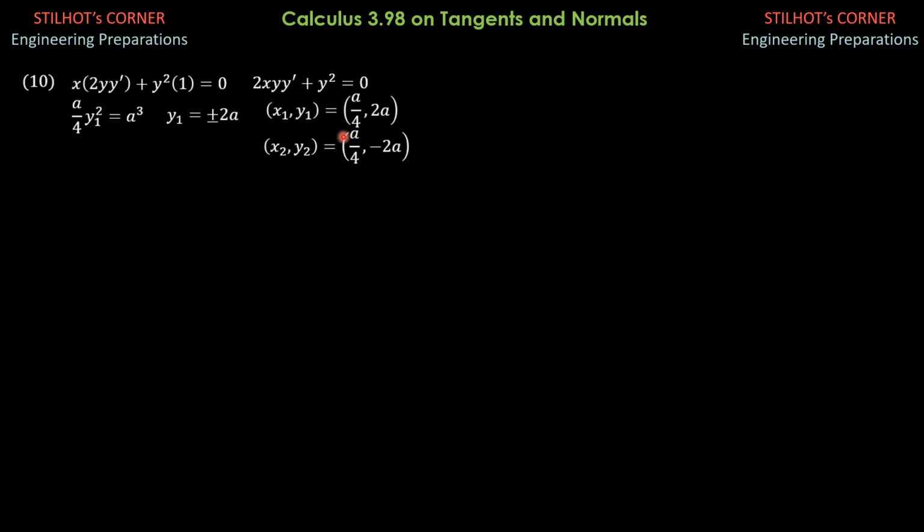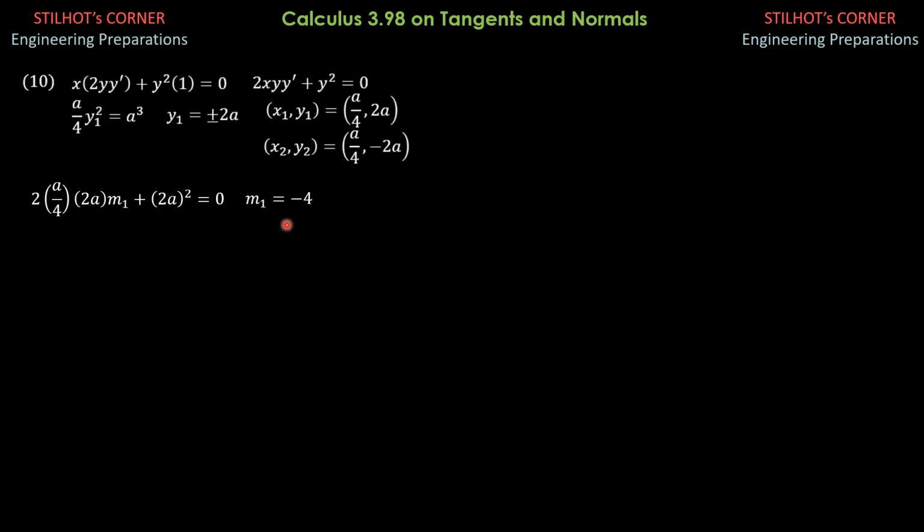So having for the first point of tangency, substitute into this equation to solve for the slope. So 2 times a over 4 times 2a m plus 2a quantity squared equals 0. So this is 4a squared to the right, negative 4a squared over a squared is negative 4. So m1 is negative 4.